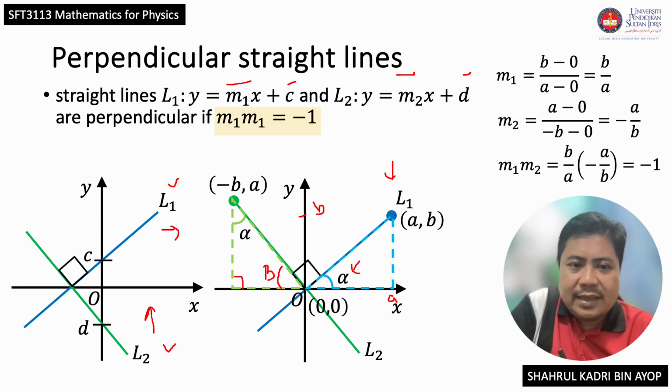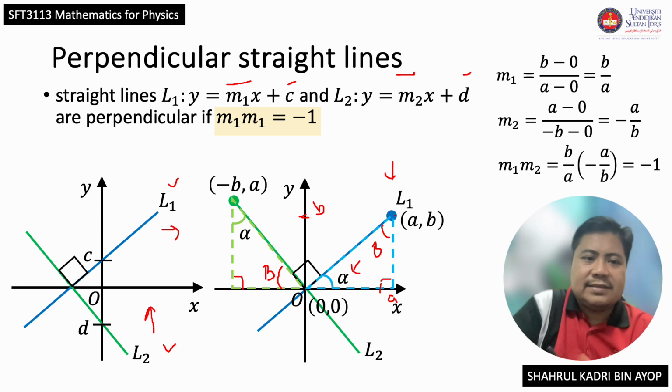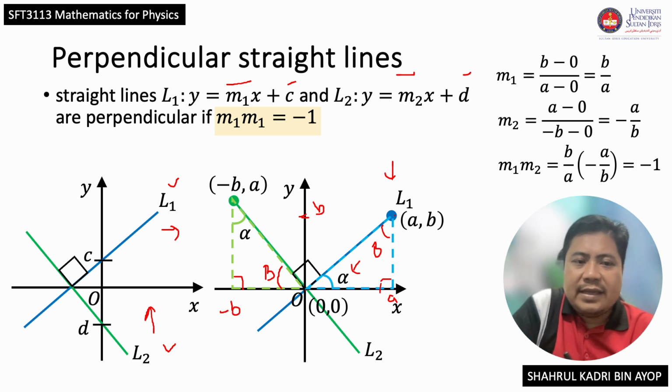So you can say that there is an equivalent angle between them. So since this is B, they have the same size, right? They should have the same size. This is minus B, and here is the value of A.